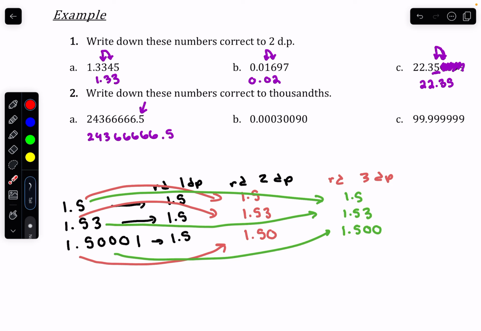That's different than saying I measured exactly 1.5. This is not exactly 1.5. It's rounded to 1.5, but it's not exactly 1.5. So be really careful with that moving forward in this class and any others.